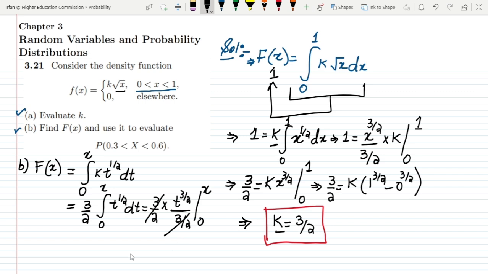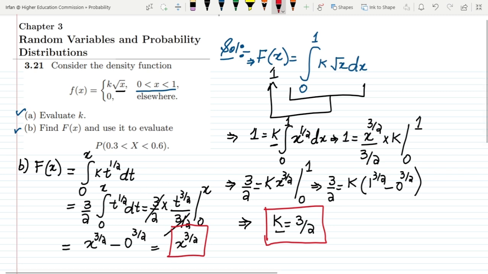For this F of x, putting the higher range, which is x to the power 3 by 2, and then subtracting 0 to the power 3 by 2, I get x to the power 3 by 2, which is the CDF in the range of 0 to 1.